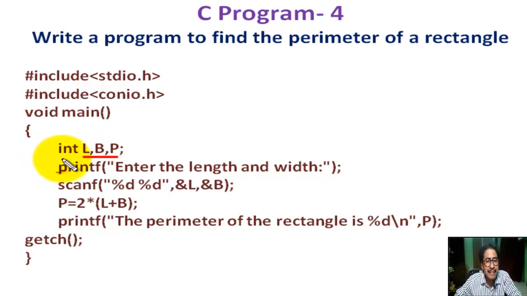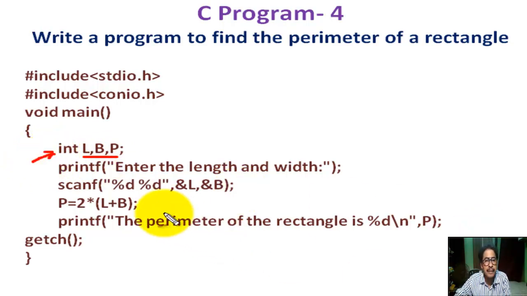First we declare the three integer variables: int L, B, P semicolon. There is no mistake, comma and semicolon. All are small letters.